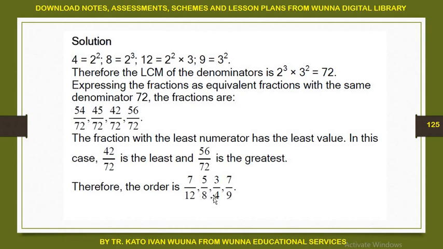Those were our previous denominators. We are expressing them by our common lowest multiple, which is 72.